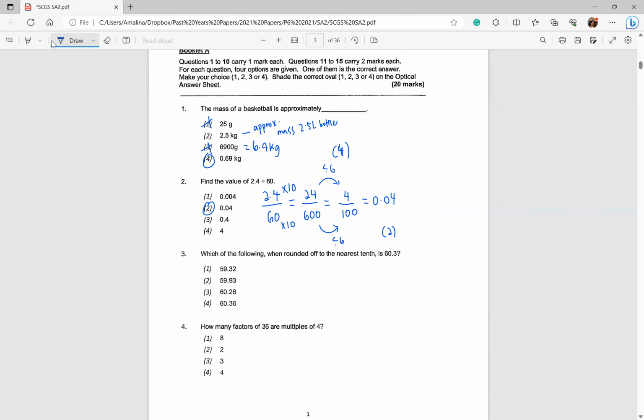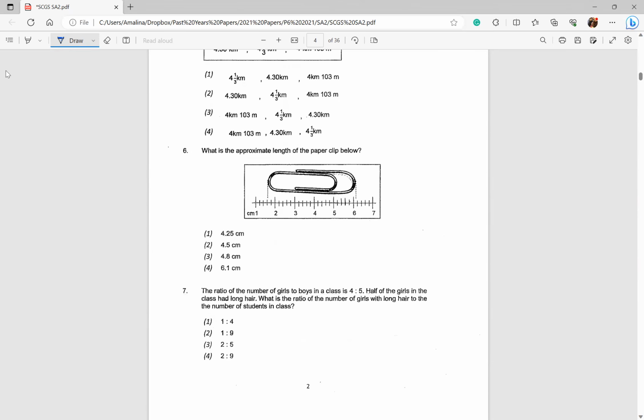Okay, I will skip questions 3 and 4. Let's move on to question number 6 on the approximate length of the paper clip below. For this one we have to look at the gaps. From 1 cm to 2 cm, there are around 5 gaps.